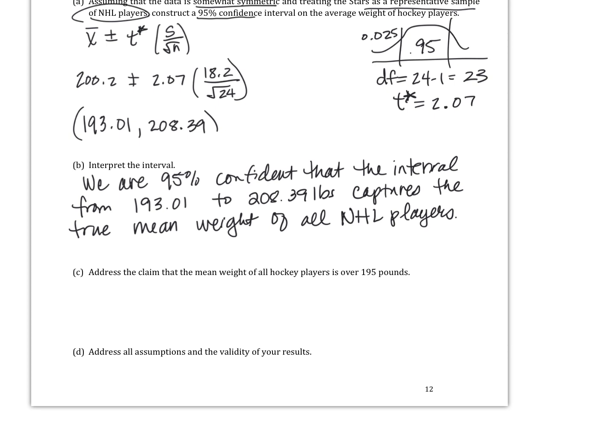There's no way that all of them are over if our margin includes lower. Exactly, right. So our interval contains values that are less than 195, right? Our interval represents the plausible values, what values are possible for the mean weight. So since there are values that are less than 195 in the interval, that claim cannot be true.